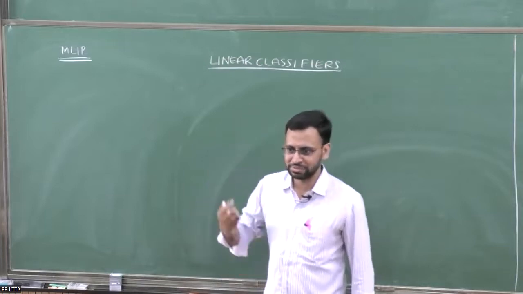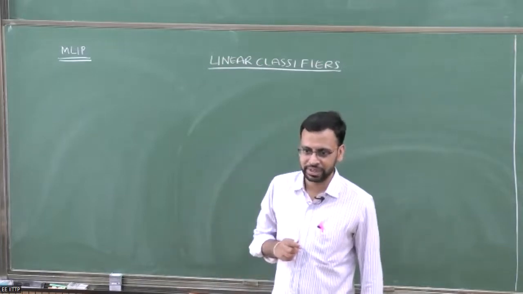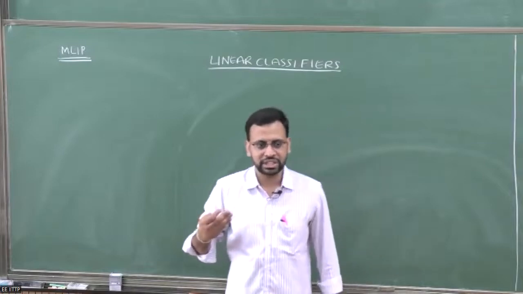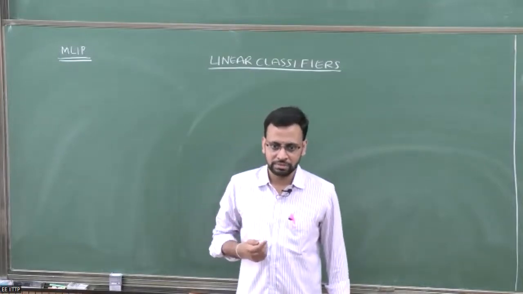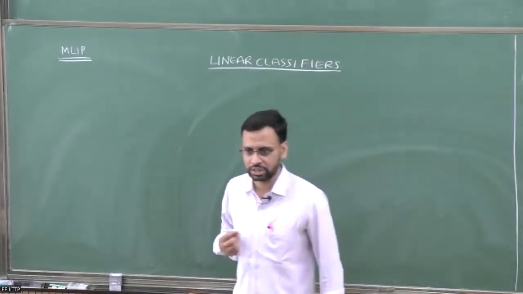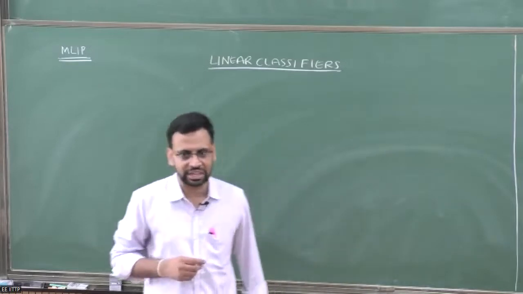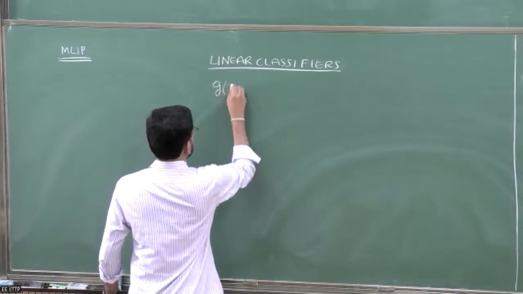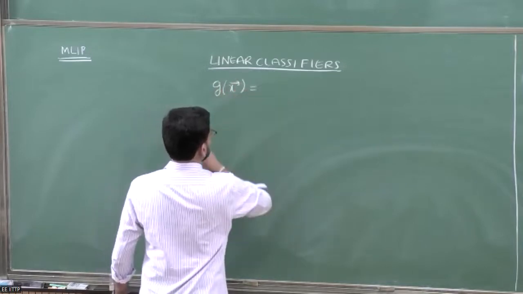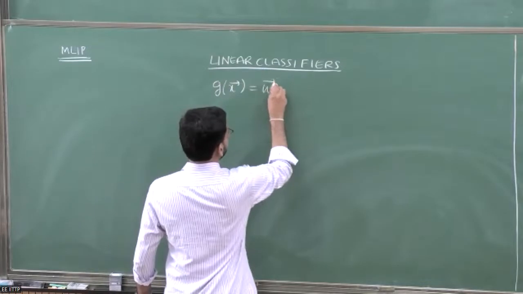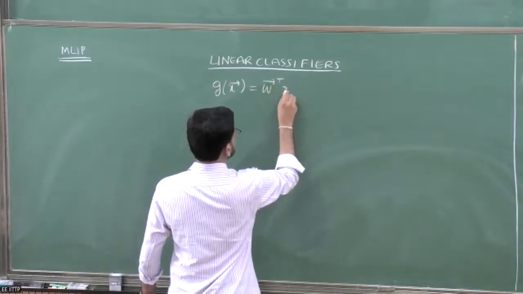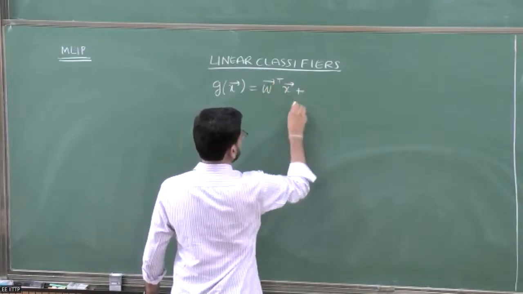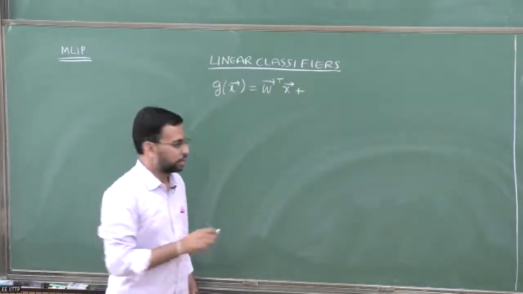The equation of the linear classification itself we have discussed. We discussed it in terms of the discriminant function, which is g of x bar is equal to w bar transpose times x bar plus w naught.